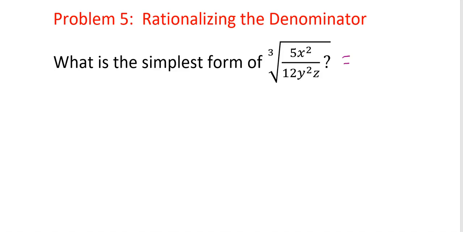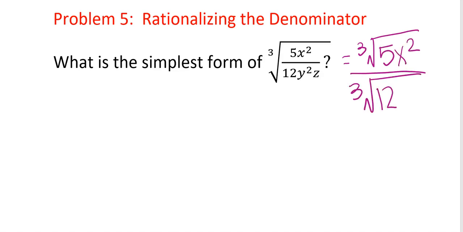We don't know the cube root of 12. Nothing really looks like it can do anything separately. So that's kind of what you want to do. So if you can't do that, we are going to separate them this time. So we have 5x squared, cube root of that, over the cube root of 12y squared z. I should have just written it over here.